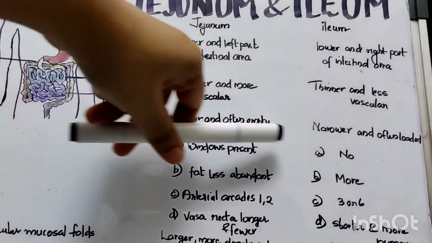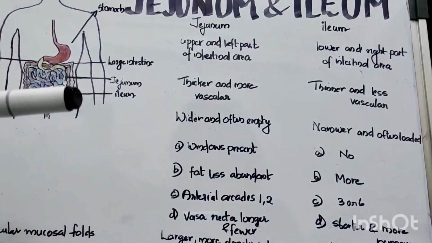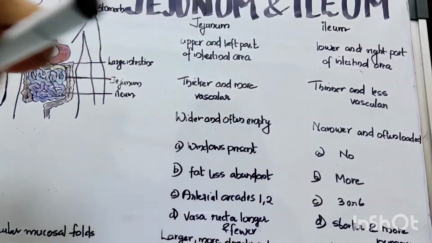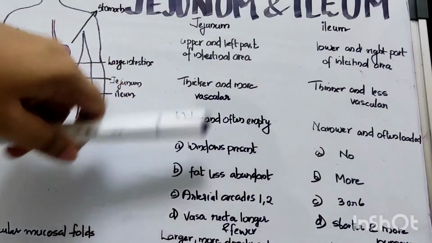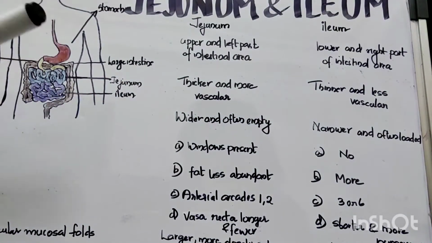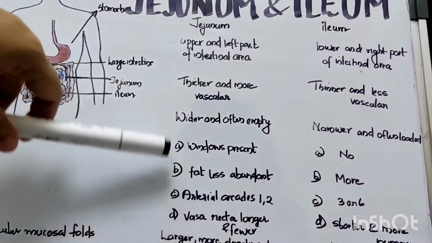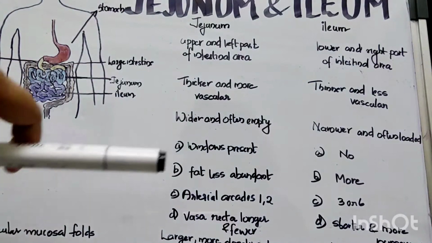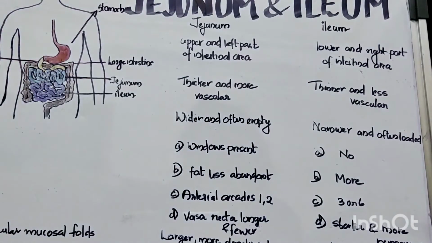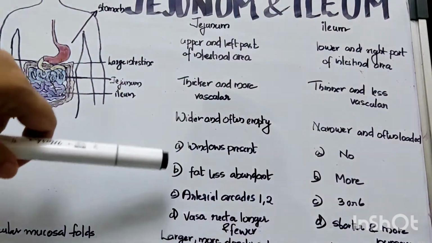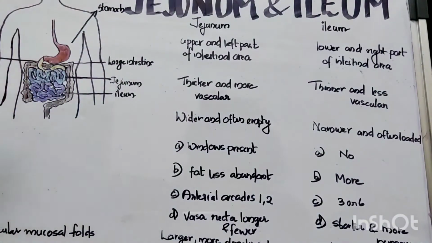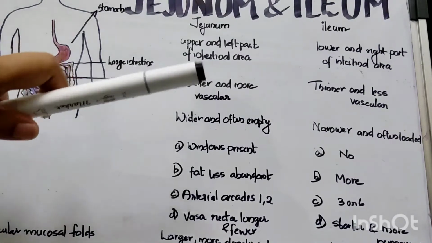The next feature is the windows, which are present in the jejunum and absent in the ileum. What do we mean by windows? The mesentery of the jejunum is less abundant with fat, that is, it has less fat compared to the mesentery of the ileum. So it makes the mesentery of the jejunum translucent.